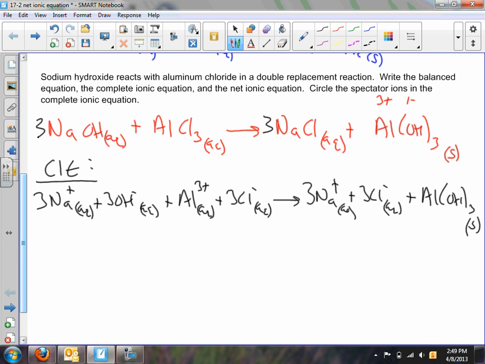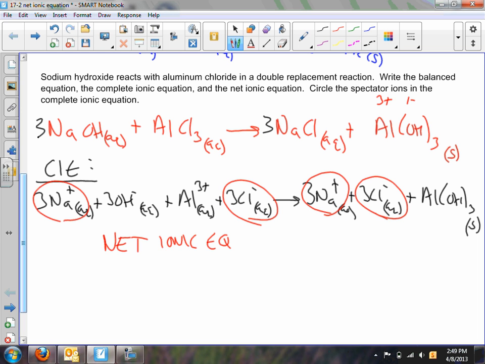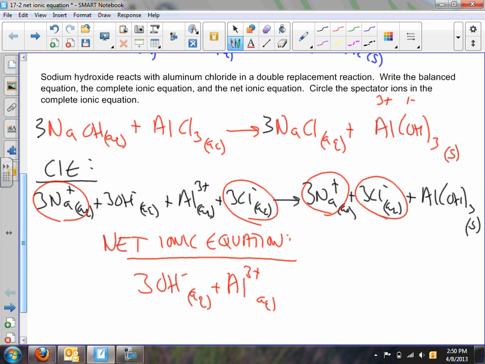From that, we're going to circle the things that don't change. I got 3 sodiums on both sides. I have 3 chlorides on both sides. What I'm left with is my net ionic equation, which looks like 3 hydroxides aqueous plus 1 aluminum aqueous produces 1 aluminum hydroxide solid.